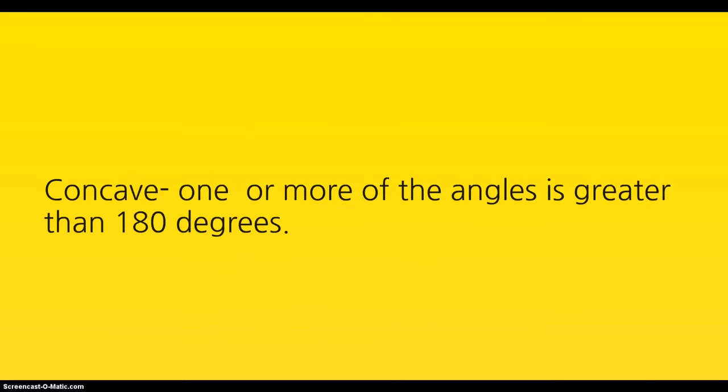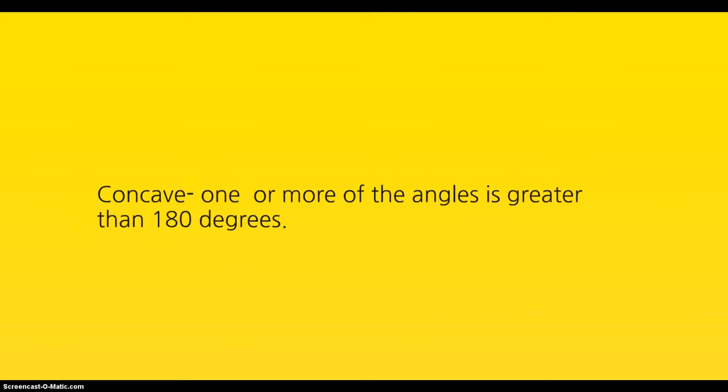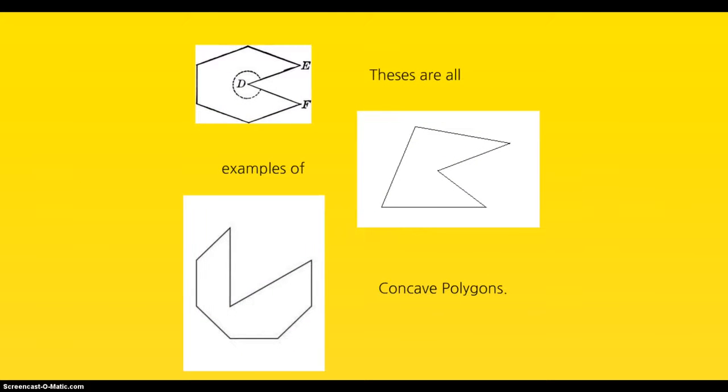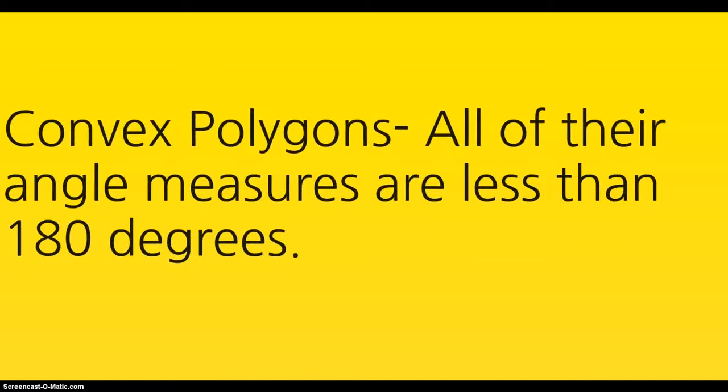A concave polygon is when one or more of the angles is greater than 180 degrees. These are all examples of concave polygons. A convex polygon, on the other hand, is when all the angles measured are less than 180 degrees.